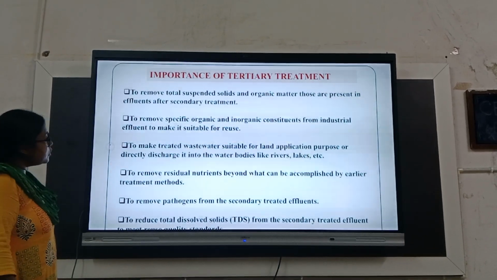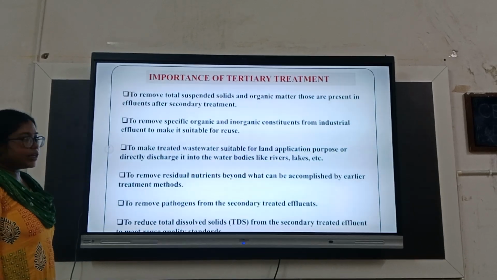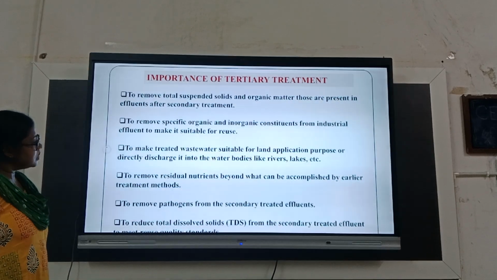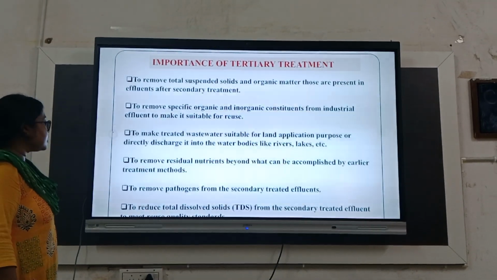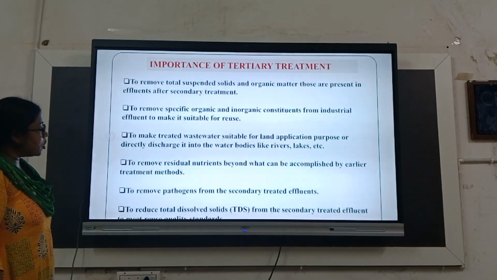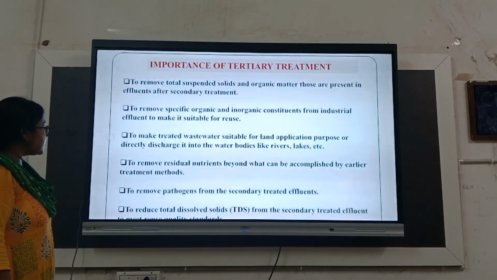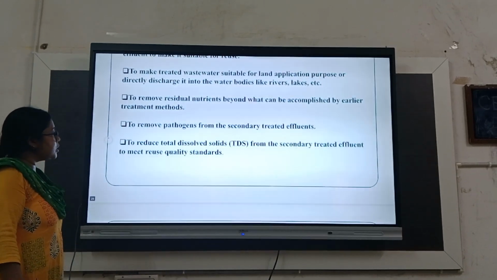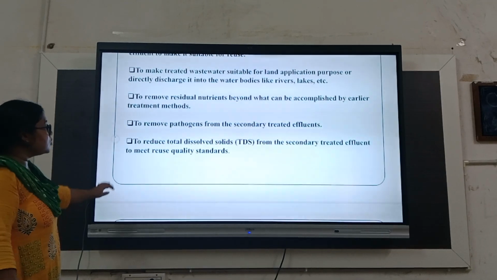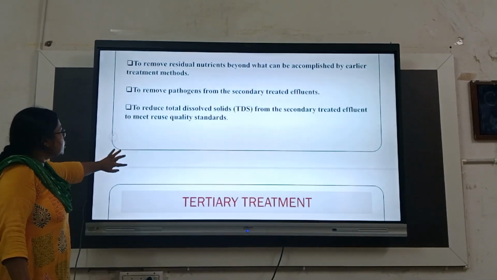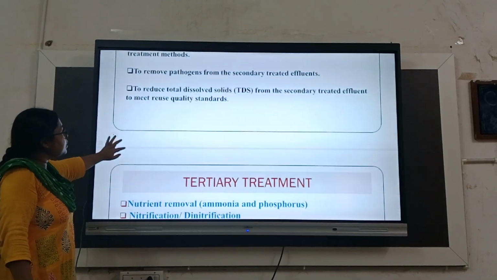To make treated wastewater suitable for land application purposes or to directly discharge it into water bodies like rivers, lakes, etc. To remove residual nutrients beyond what can be accomplished by earlier treatment methods. To remove pathogens from the secondary treated effluents. To reduce TDS from the secondary treated effluent to meet reuse quality standards.